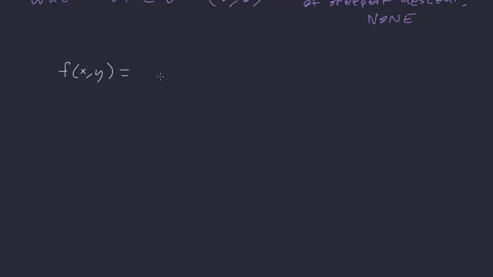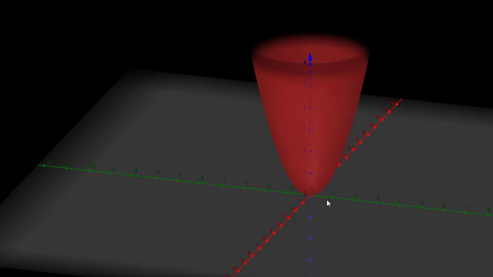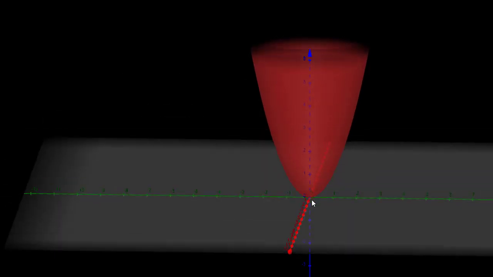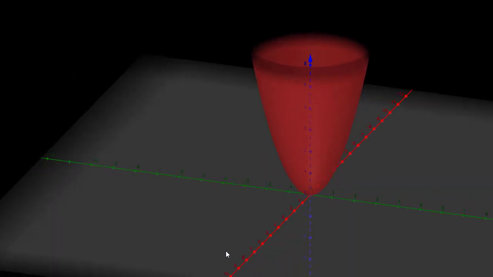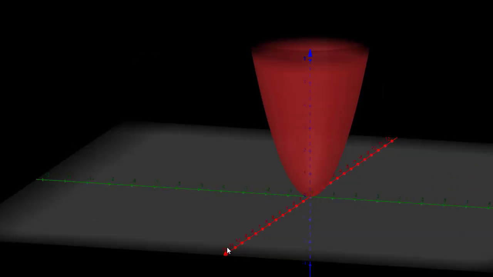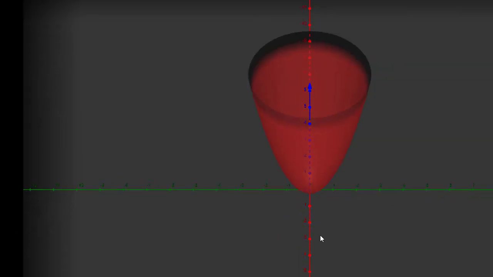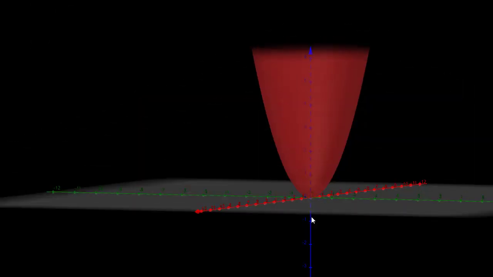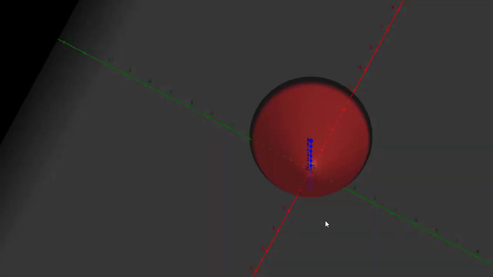If f of x, y equals, let's just say, x squared plus y squared, that's a very standard paraboloid. You could use whatever method you want to visualize this, either traces or level curves. Either way, you're going to get a paraboloid opening upwards. We have a minimum here at the origin 0, 0.